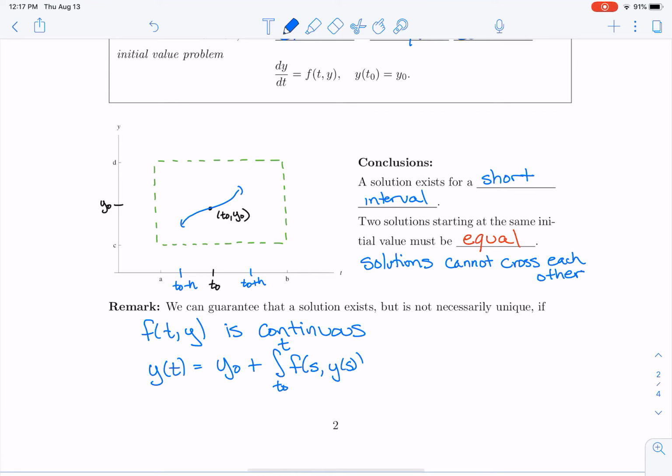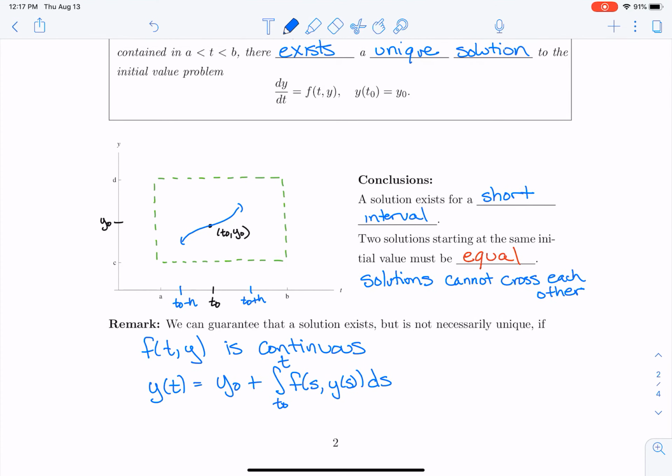I can actually write down what the formula is, even though it might be difficult to compute that integral. That is the solution. So as long as f is continuous, then I can write down what the solution is. But I need the derivative of the right-hand side with respect to y to be continuous in order to get uniqueness.